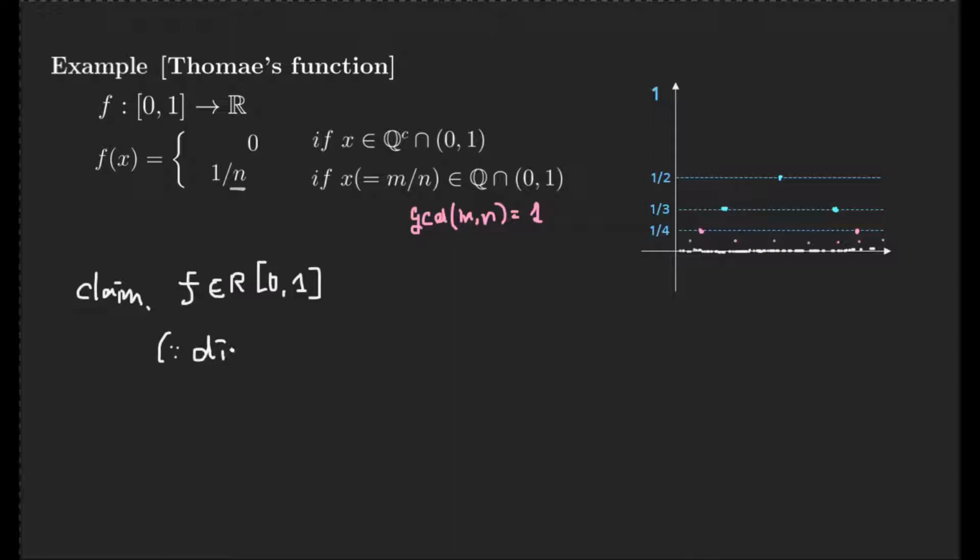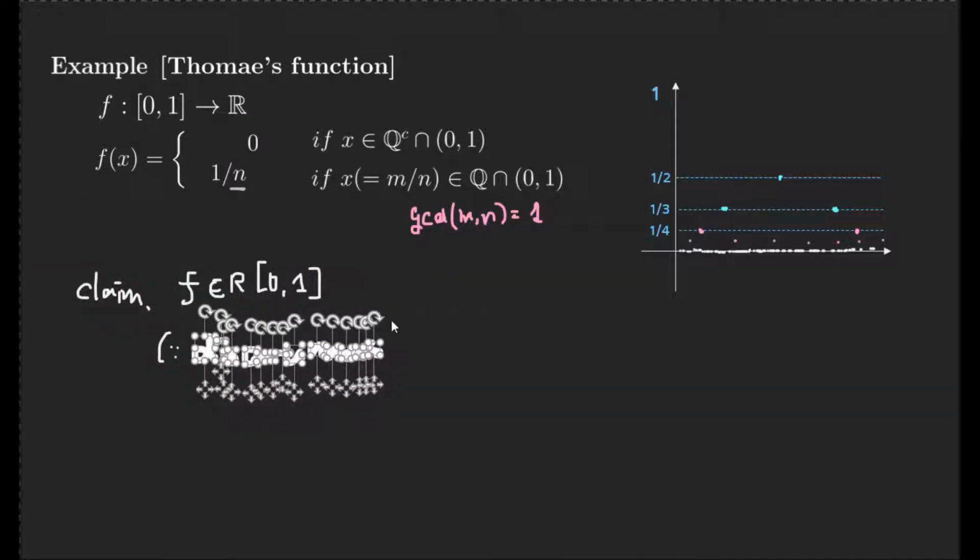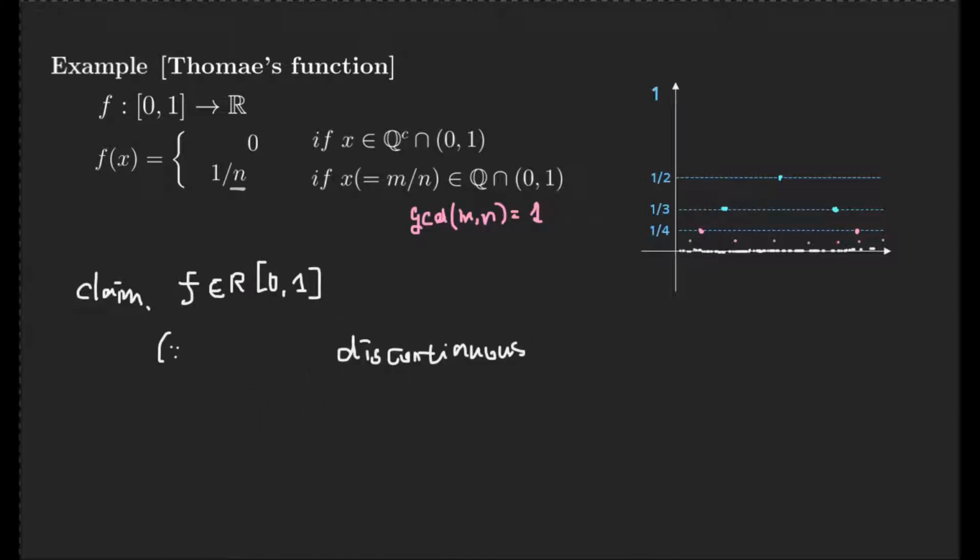The set of continuous points is the complement, and the set of discontinuous points is measure 0.